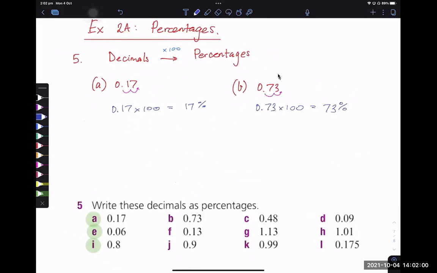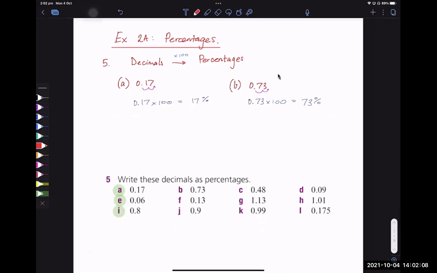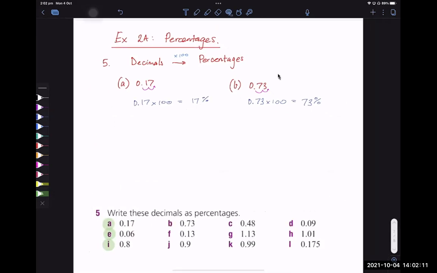So decimals are definitely easier to convert to a percentage. So you might understand how to do this now, just to build your fluency. So 0.48. And when you really understand what's going on, then you try to write a little faster.